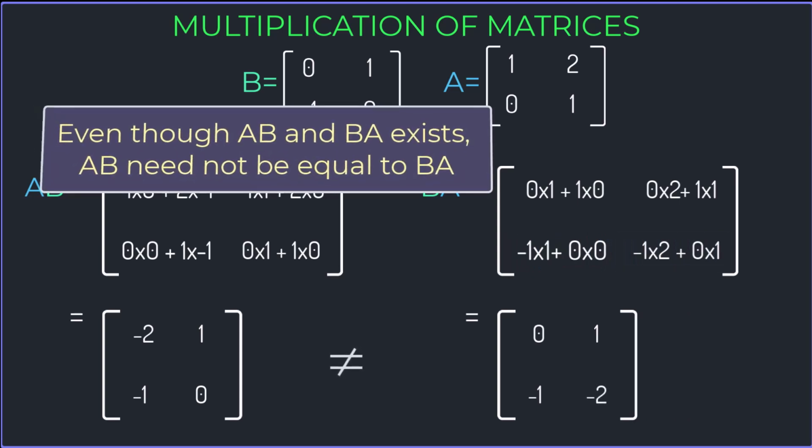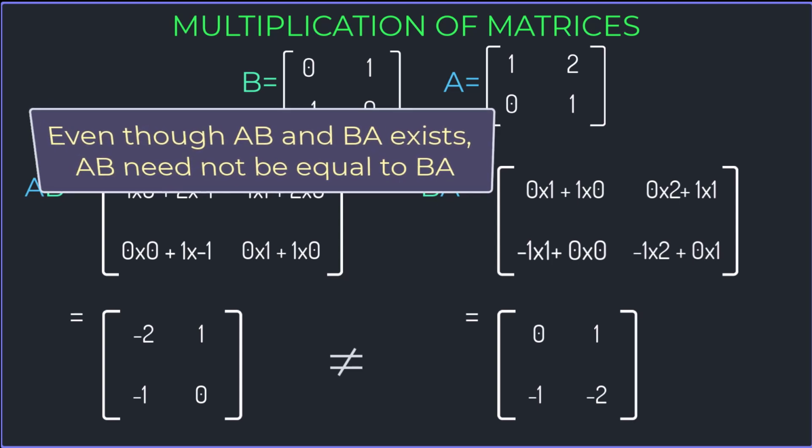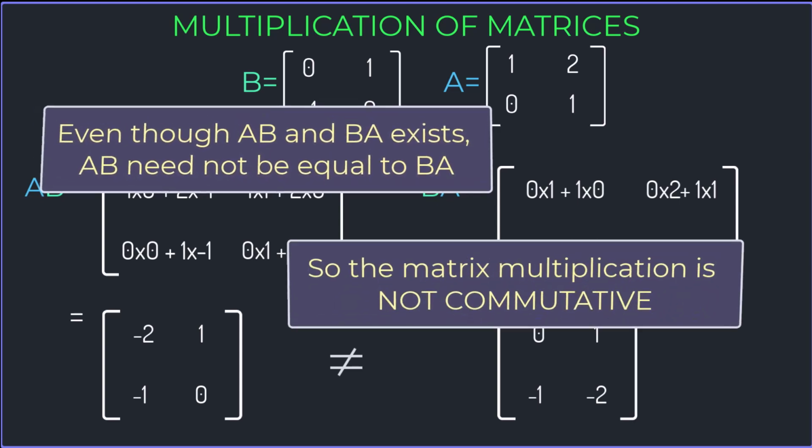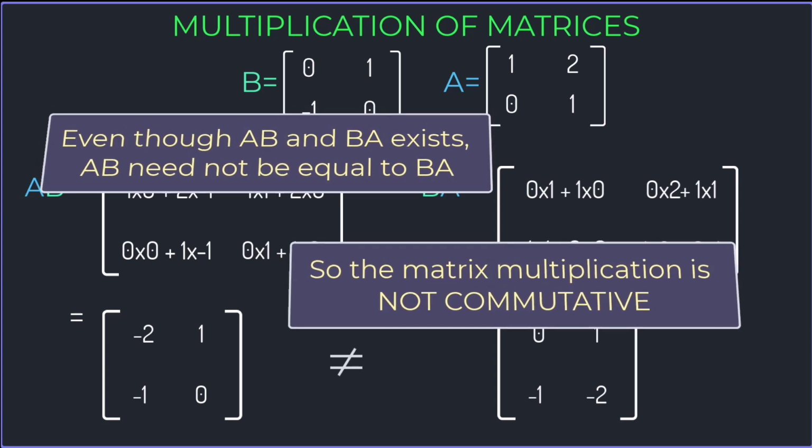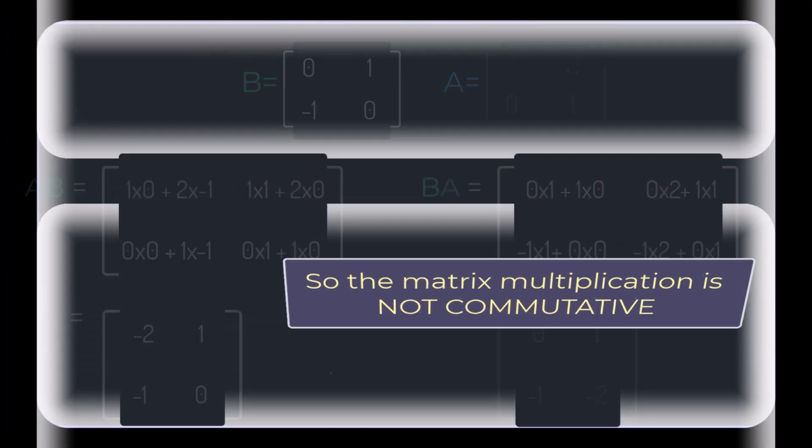Even though AB and BA exist, AB need not be equal to BA. So, the matrix multiplication is not commutative.